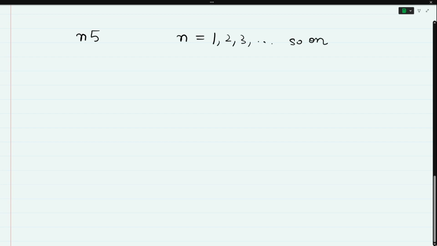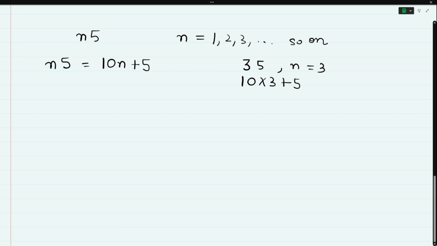So we can write n5 as 10 times n plus 5. Like 35, where n is 3, which is 10 times 3 plus 5.